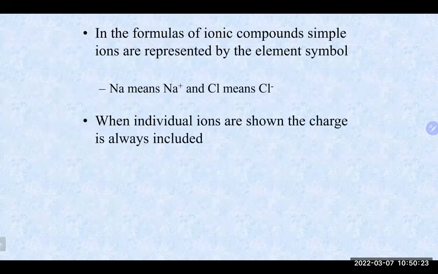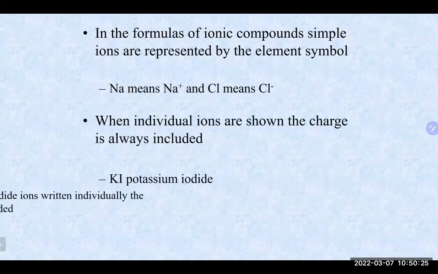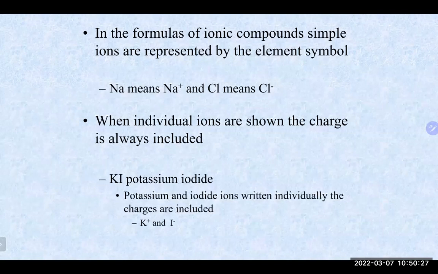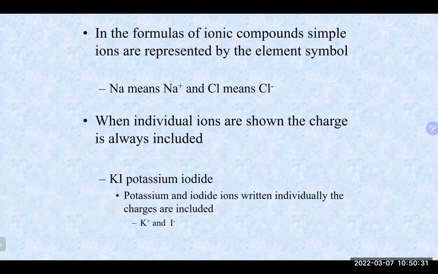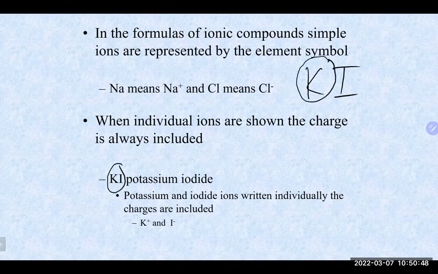Now, as we talked about a second ago, when we look at a formula for an ionic compound, it should always equal 0 overall and should never have any type of overall charge. But it is important to remember that it is really made up of 2 things that do have charges. So if we were to analyze this KI, we would look at the K, and that is potassium, which is a metal.